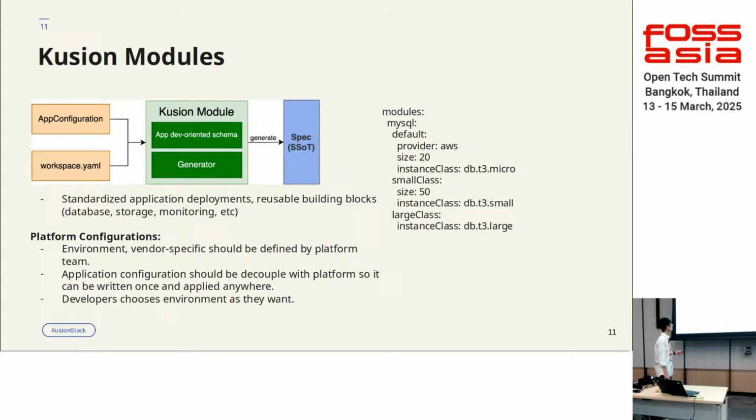So platform engineers are going to manage these configurations. Typically, these configurations establish a set of default values. For example, the MySQL module might include a default configuration with a size of maybe 20 gigabytes and an instance class of DB-T3 micro, as shown on the right side of the slide.